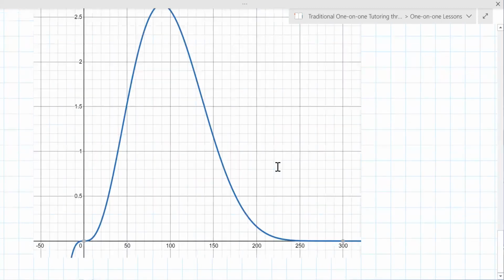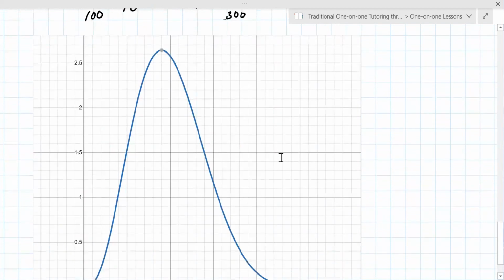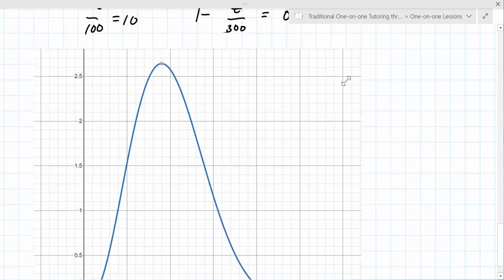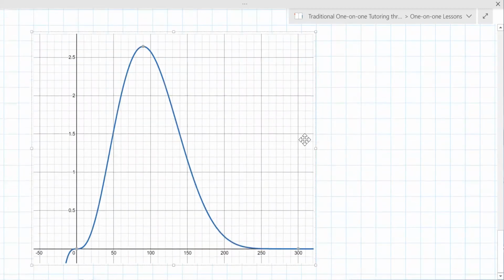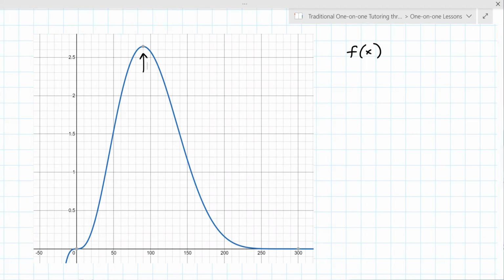So again, this is the derivative. If this were f of x, we would say right there, there's a max. Would you agree with that? But this is not f of x. This is f prime of x, which means you're looking for crossings, where it crosses the x-axis.